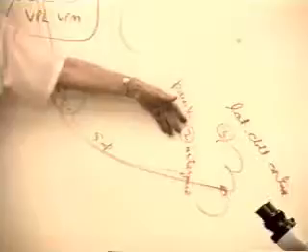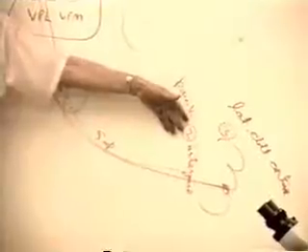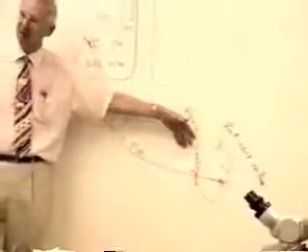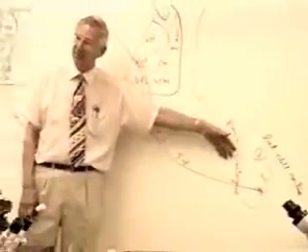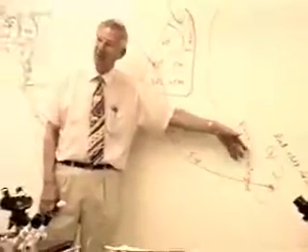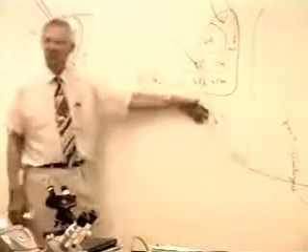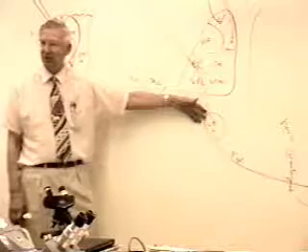Those mossy fibers, granule cells, Purkinje cells, Purkinje cell axons inhibit the stage 2 intermediate nuclei, globose and emboliform. Follow the same path to the superior peduncle to red nucleus, on up this way, but also back down through the rubrospinal tract.